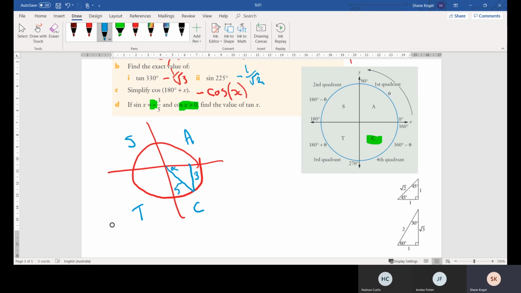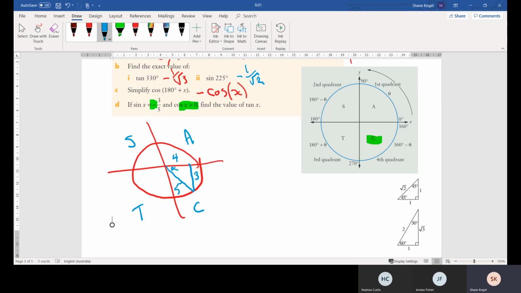So c squared minus b squared gives a squared: 5 squared take 3 squared gives me 16. So the root of 16 would be 4, which says that this side of the triangle is 4.